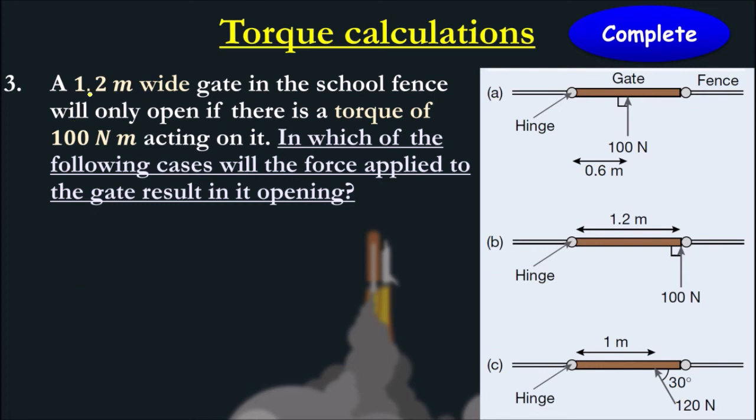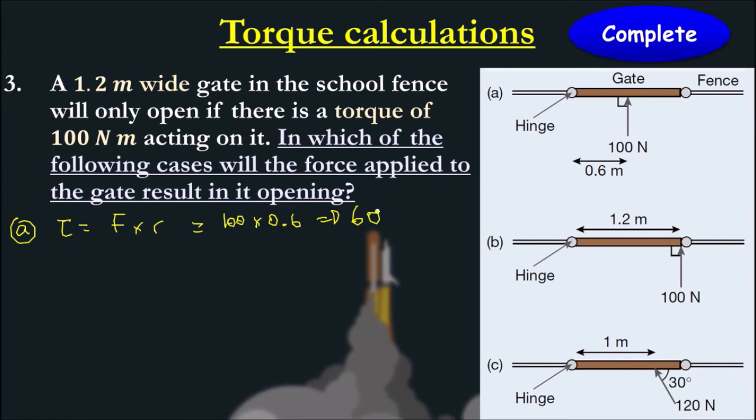We have a 1.2 meter wide gate in a school fence. It will only open if the torque is 100 Newton meters plus. In which of the following cases will the force applied result in an open gate? So using the first one, we have torque, we have a force, and we have a specific distance. In this example, there is no angle, so we can just substitute it as we do.